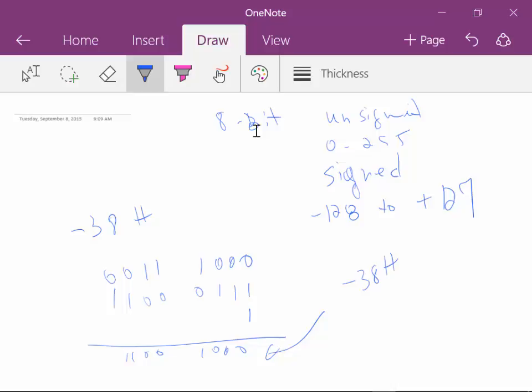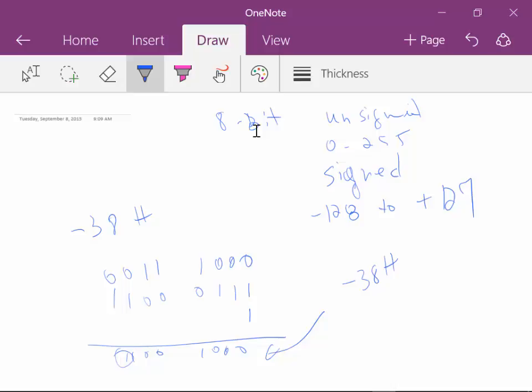I know that it's negative because this bit is a 1. Anytime you see a 1 in the most significant bit, you know that the number is negative if you're dealing with signed numbers. And that's the same whether you're dealing with 16-bit, 8-bit, 32-bit, or 64-bit numbers.